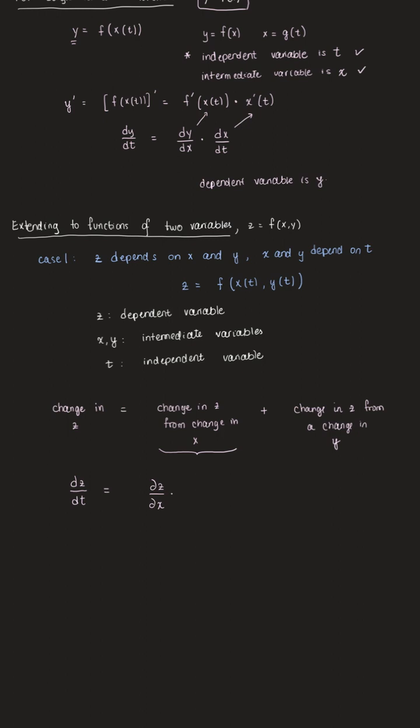But since we must use the chain rule, since our independent variable is t, we need to multiply this by the derivative of the inside function, which will be the derivative of x with respect to t. Now, this is an ordinary derivative because x only depends on one variable, t. And so similarly, we can think of the change of z that comes from y as the partial derivative of z with respect to y, because z depends on two intermediary variables, times the ordinary derivative of y with respect to t, because y only depends on t.